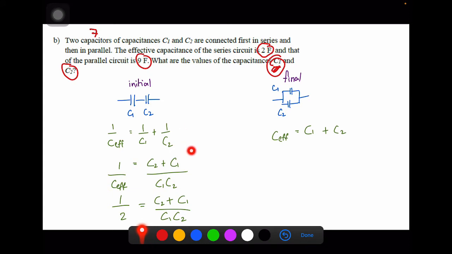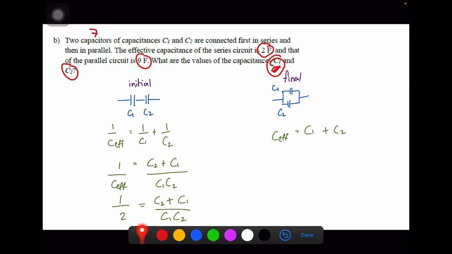Basically over here I just cross multiply to get a common denominator. C2 I bring over here, C1 over there, so it becomes C2 plus C1 over C1 C2. And this one I substitute C effective with 2, because the question states that the effective capacitance for series is 2 farad.